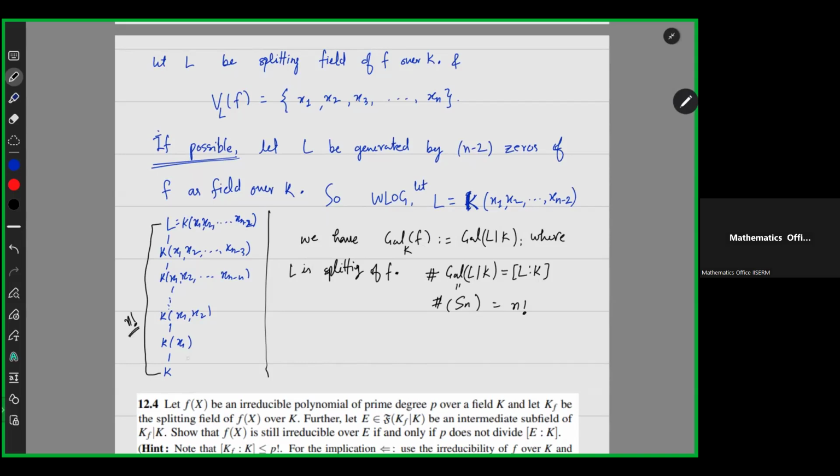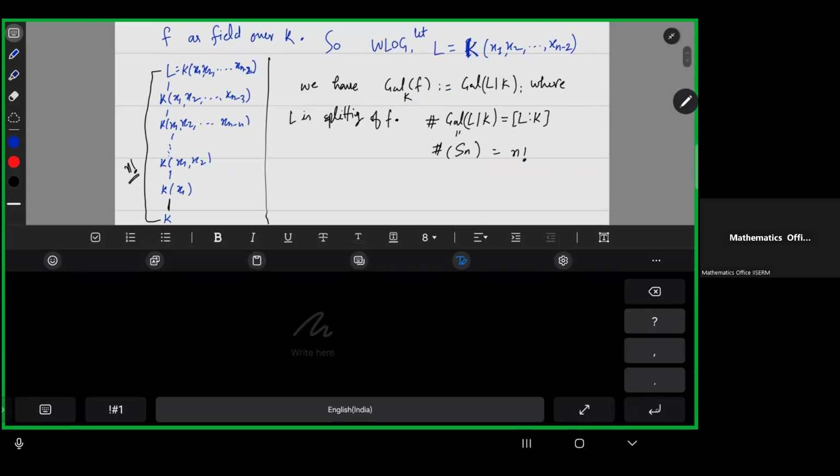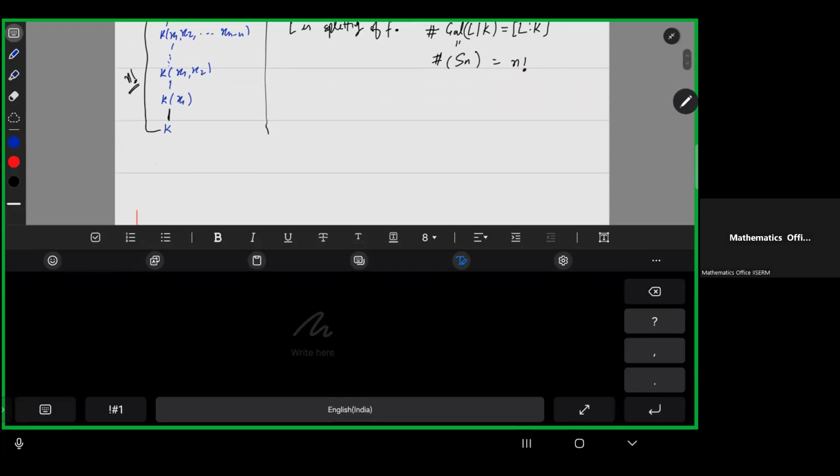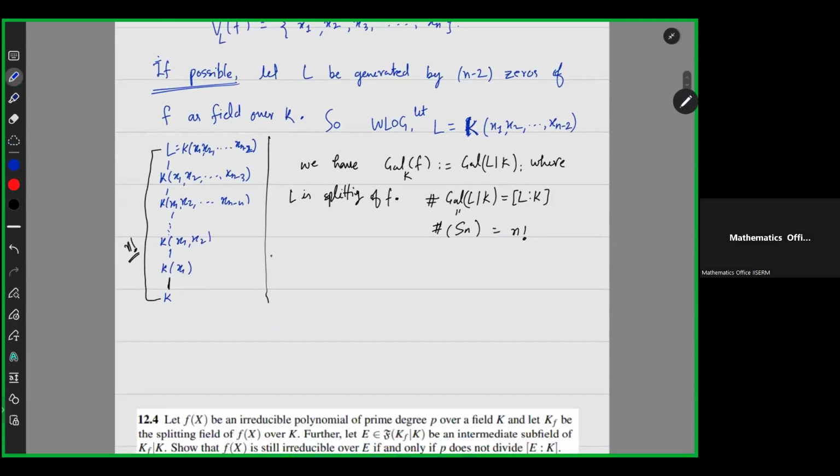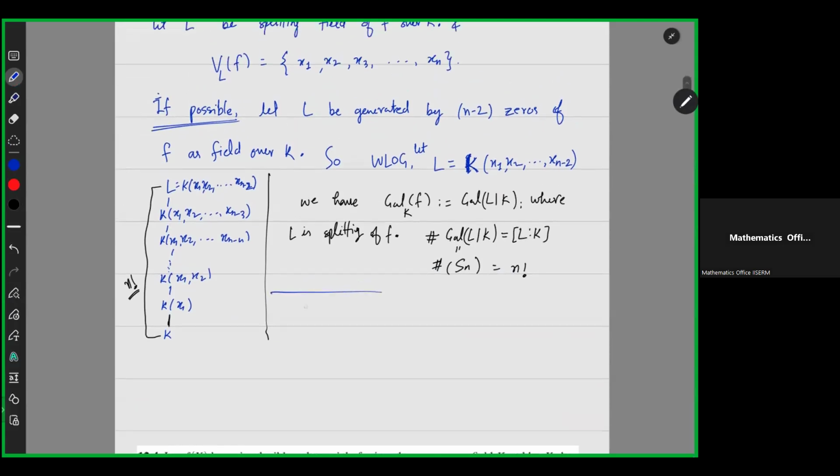Now let's see what will happen to these degrees. What is the degree of K(x1) over K? This is less than or equal to n, right? Why?